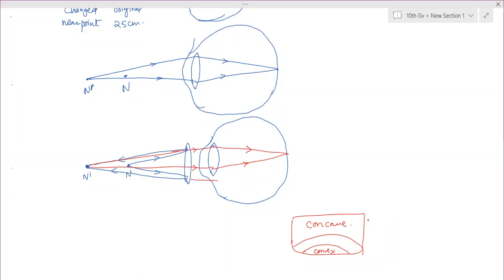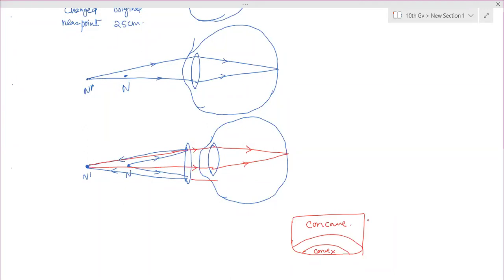Okay. Clear? Presbyopia? Yes, ma'am. Write down the causes, the defect, and the correction. Ma'am, the cause is weakening of ciliary muscles due to aging.